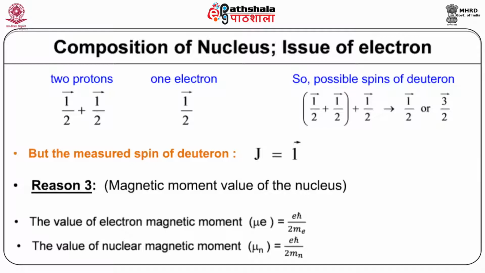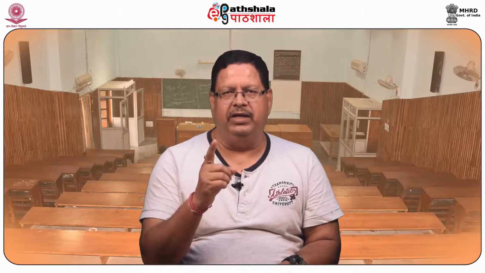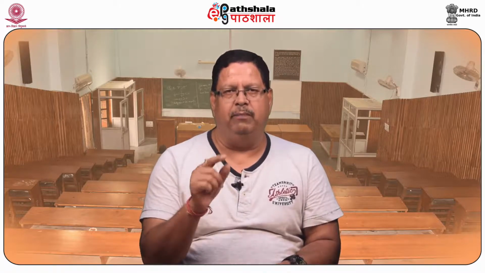Reason 3, the third reason why electrons cannot reside inside the nucleus, is on the basis of the magnetic moment value of the nucleus. In the expression we have seen that the magnetic dipole moment depends upon the mass. If we are talking about the magnetic moment of an atom, then we use the mass of the electron. But when we talk about the magnetic moment of the nucleus, then we make use of the mass of the proton or neutron.